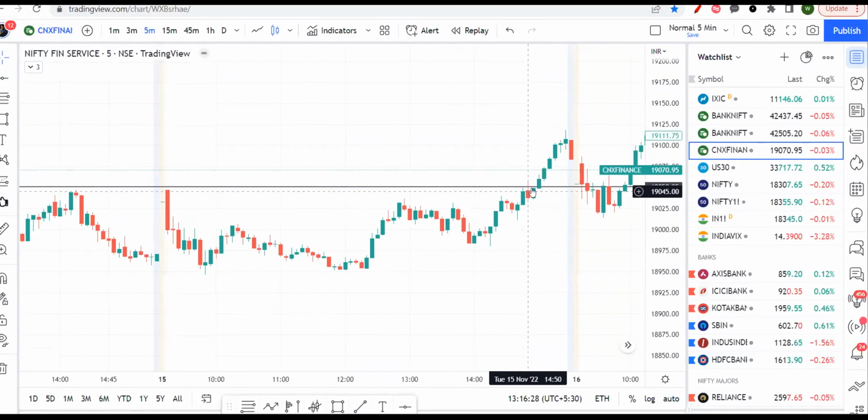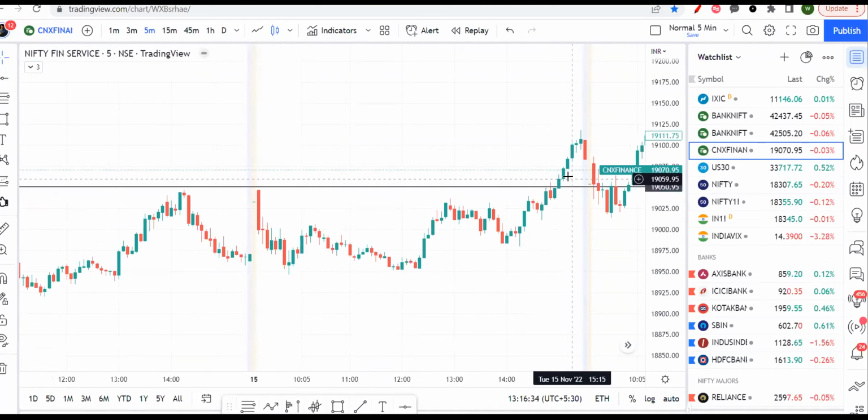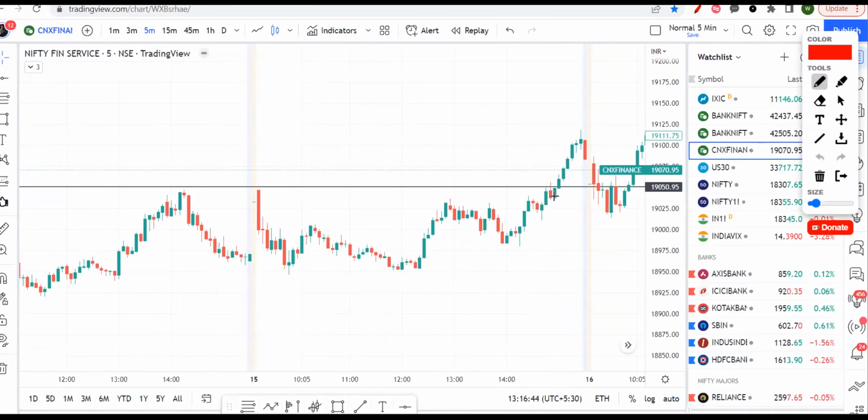So before the closing of this 5 minute candle, you won't take any action. Obviously, this is a very important level. You will wait for the candle closing, then only decide whether that candle was a doji or hammer or anything like that. Let's take the example of this particular candle.